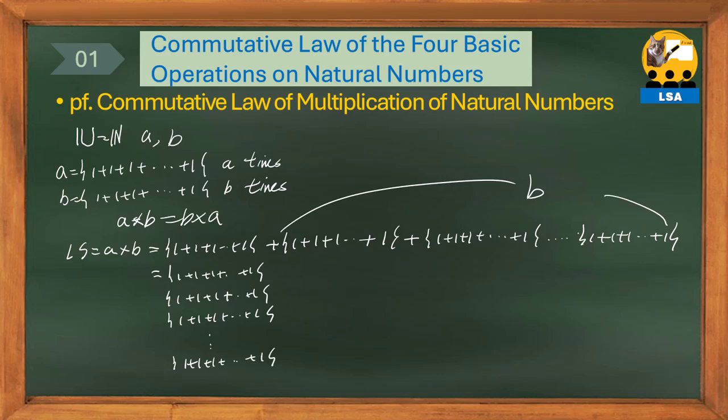You understood that the horizontally written expression and the vertically written expression are the same, right? The sum of all the ones written here will be the operation value.